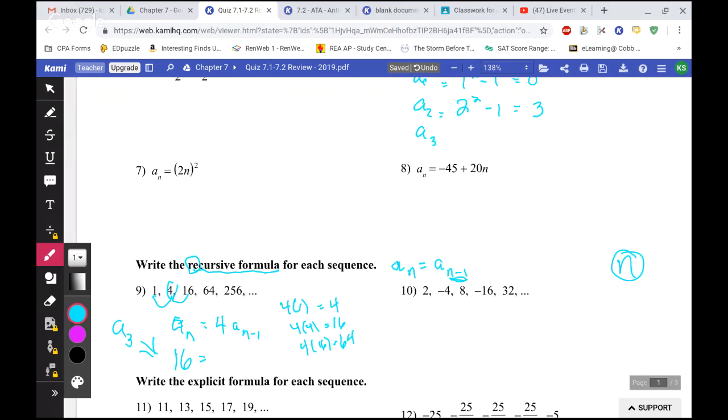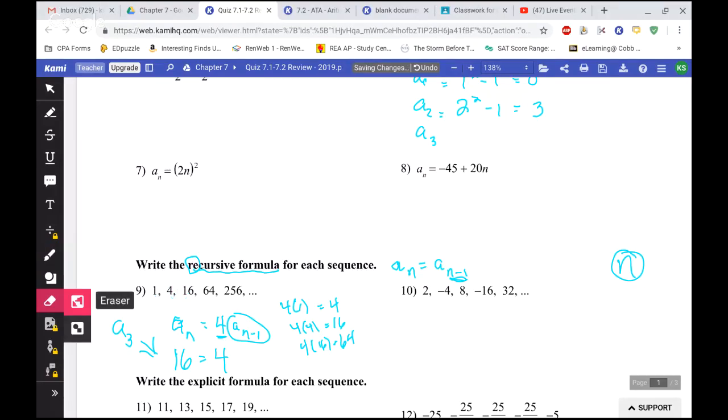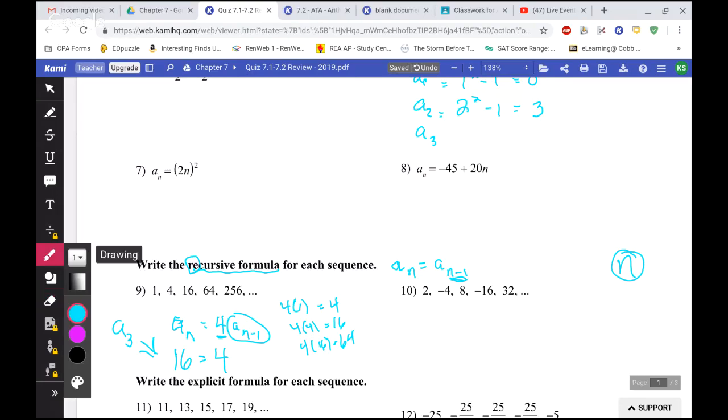Yeah. 4 is the term prior to 16. So what's the term prior to the 16 in this series? The 4. Uh-huh. So A n minus 1 is 4. Oh, okay. I understand that now.